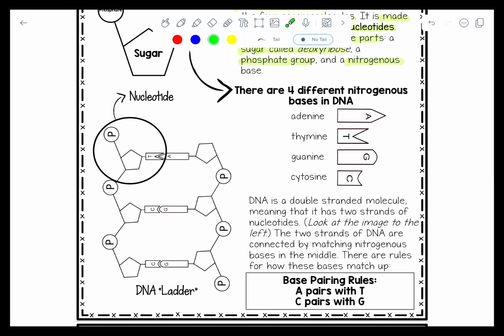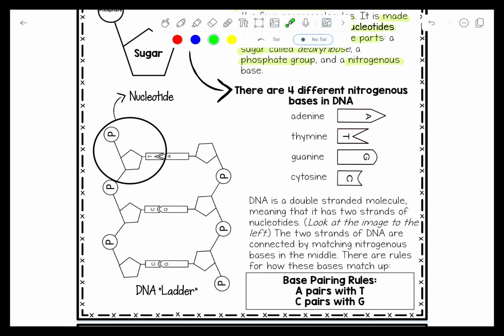This next section talks about there are 4 different nitrogenous bases in DNA: adenine, thymine, guanine, and cytosine. Now, these are sort of universal symbols, these little shapes that you see, and one of the reasons they make these little universal shapes is because these things sort of pair together.